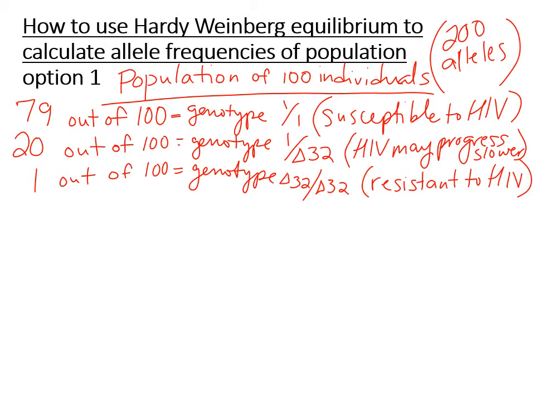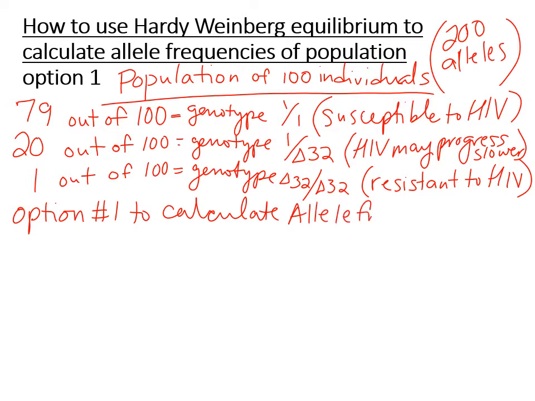If you want to know the allele frequencies, option number 1, I'll write it so you remember in your notes, to calculate allele frequencies of this population, is to simply count the alleles.